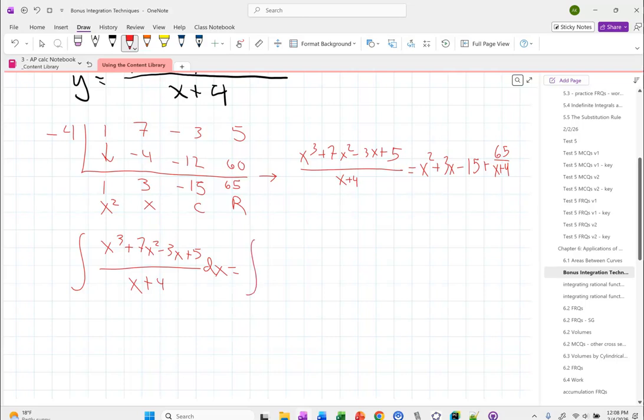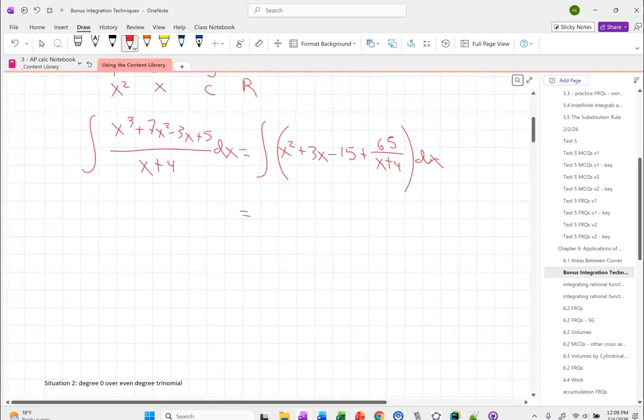But if I do that polynomial division we just looked at, and instead integrate the function when it looks like that, now I can handle it. So we can integrate this piece by piece.